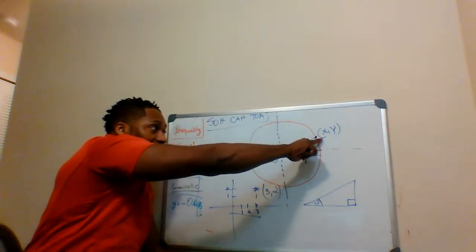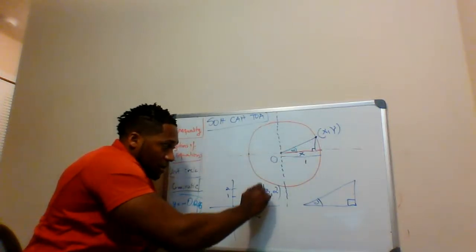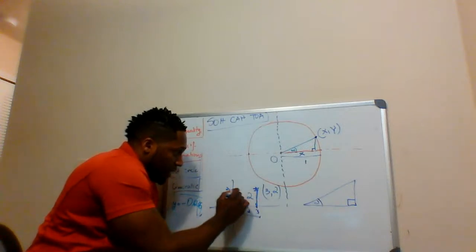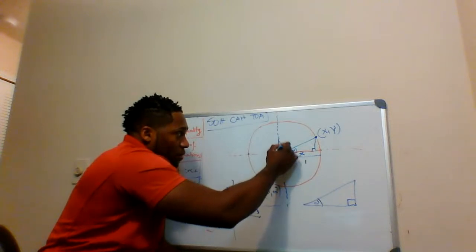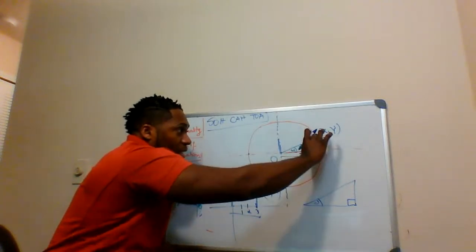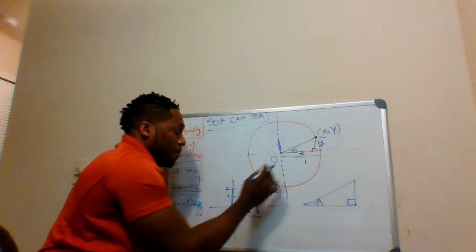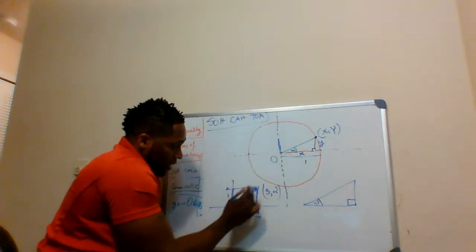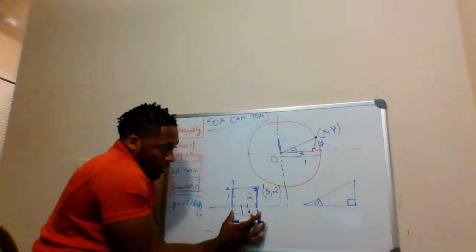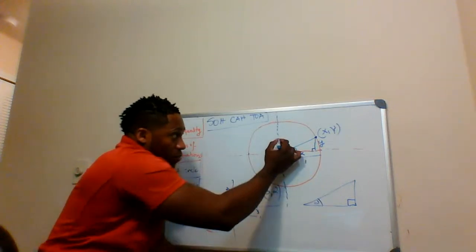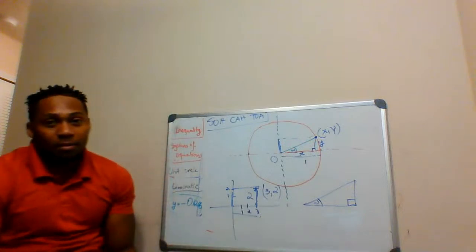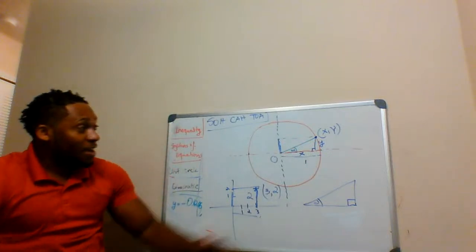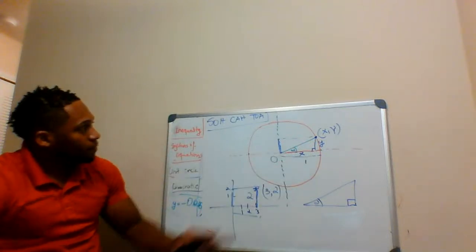We have a point here, x, y. So if I go down that way, that's the value of 2, which is the value of y. This length and this length are the same, so we call this y. And then this length, the 3 here, and this length are the same. We'll call this one x. And that's the magic. And after that, everything else is done.